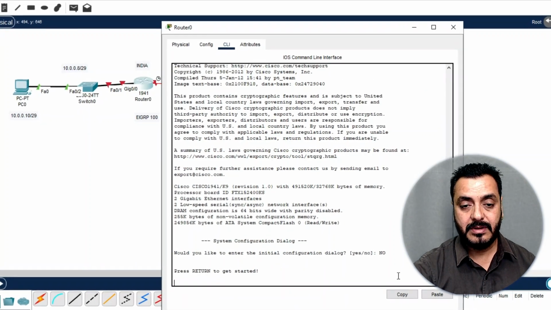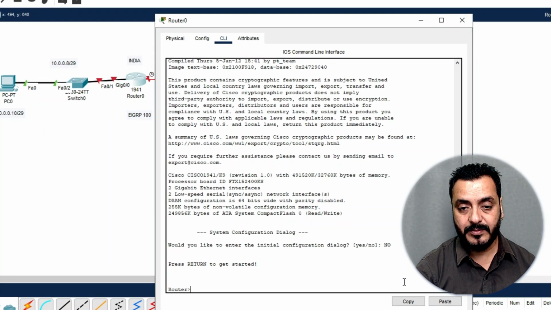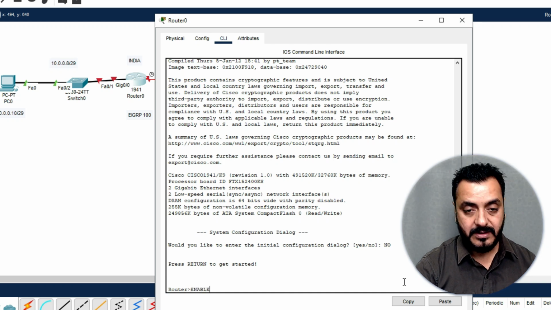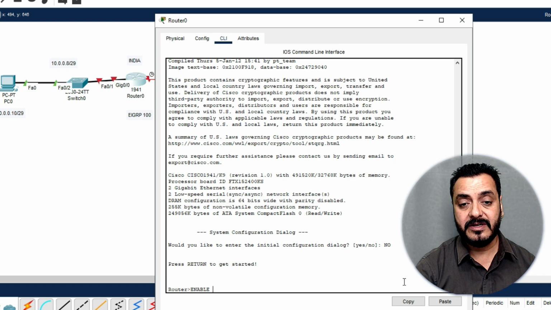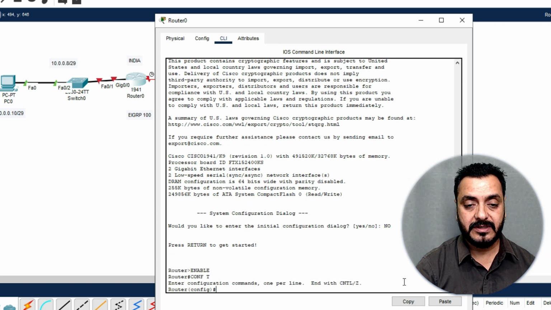So here we are in the IOS, that is the operating system of the router, internetwork operating system. So we have to log in to the router with the help of the enable command. Press enter, then configure terminal.